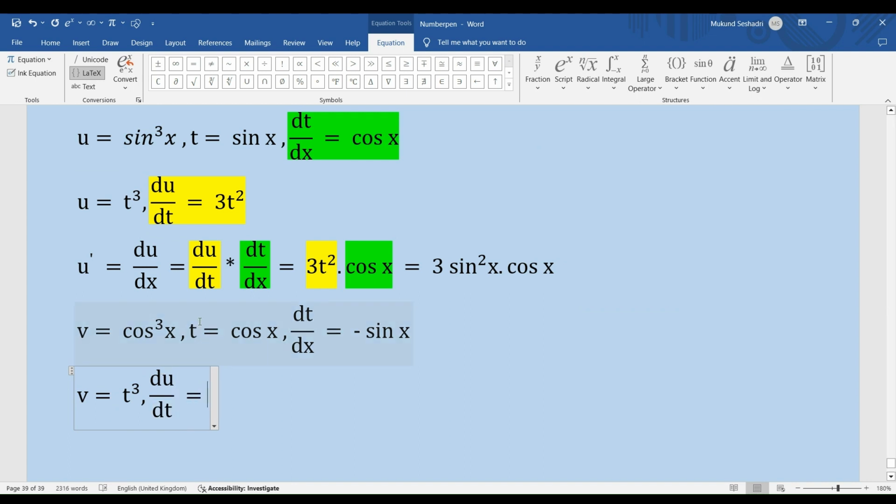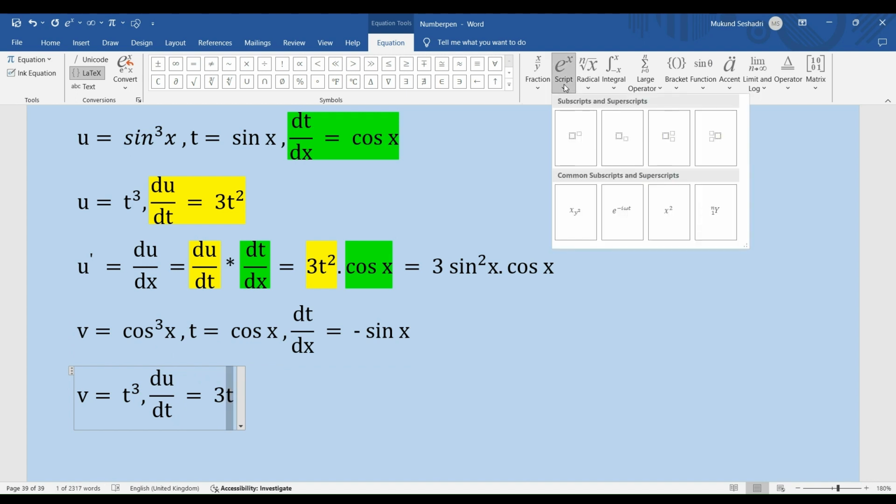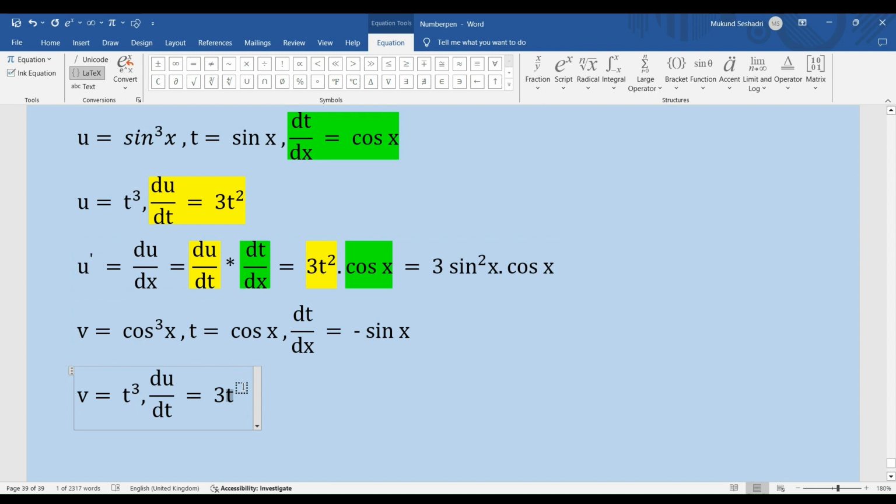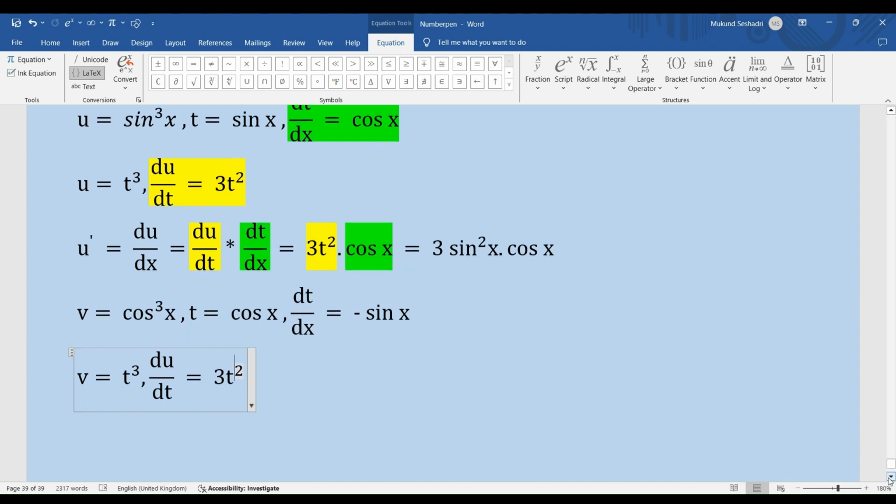My du by dt is again 3t square, right? So it doesn't change because we have v and u similar when we have made the substitution, right? So my du by dt, I have it as 3t square. And then I have my dt by dx, which is minus sine x.